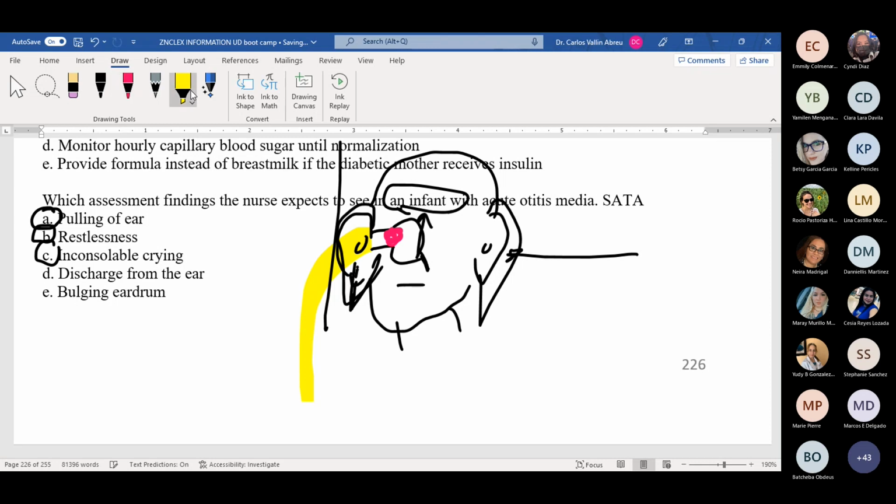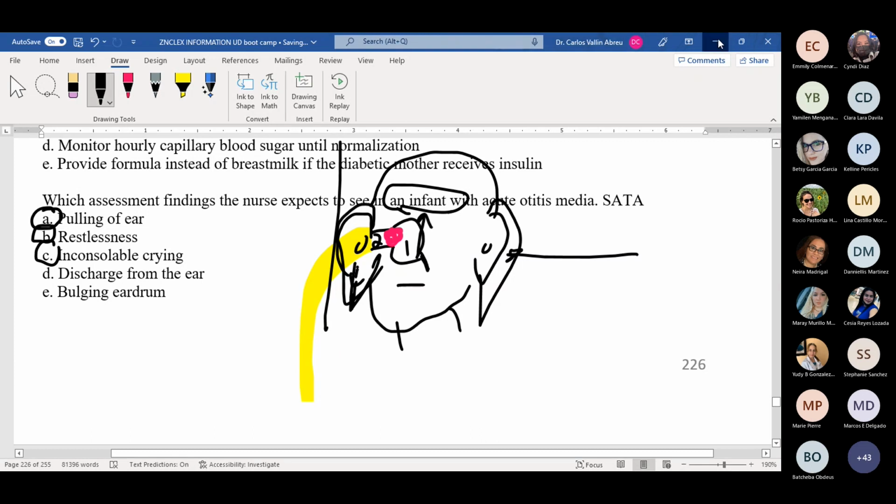Where is the otitis media, here or here? So 1 or 2. What is otitis media? 2. In 1, this is otitis externa.